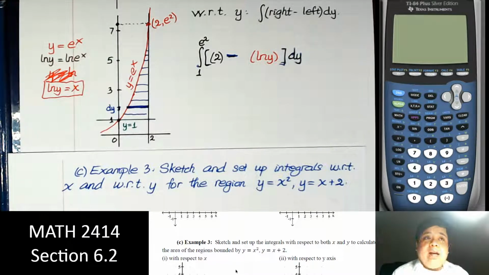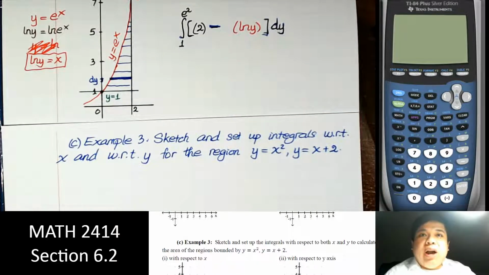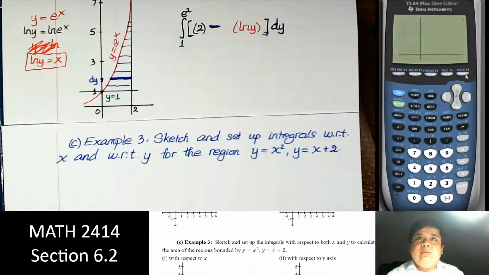Now this may be complicated, even though the function seems simple. Alright, let's see the graph first. Y equal to x squared and y equal to x plus 2. Right. Let's get to the right scale then. Zoom number 6.